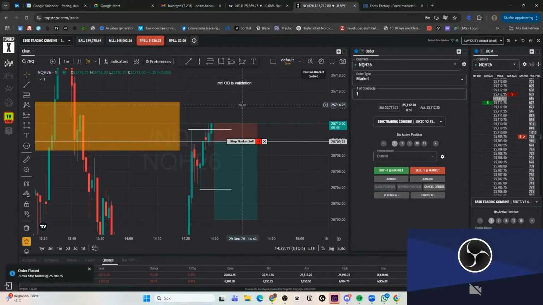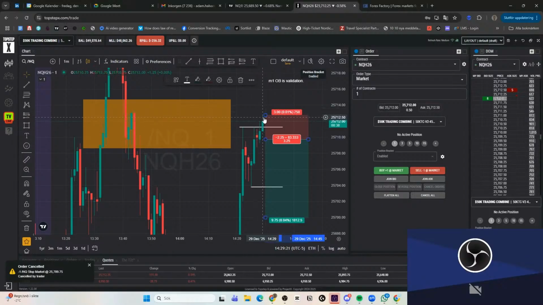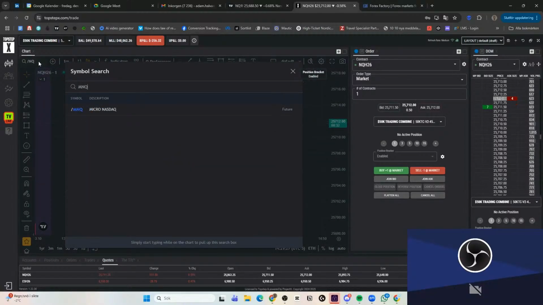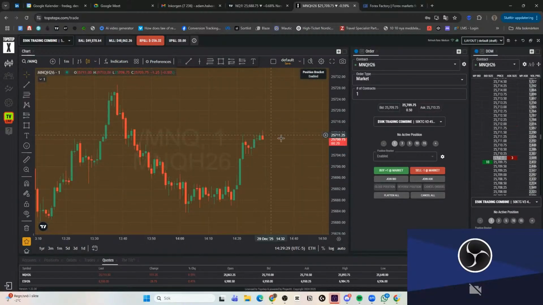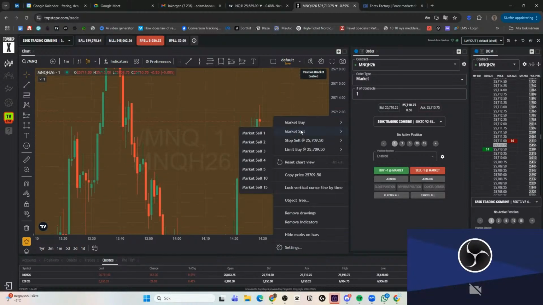I'll take that as a close call though. No, let's follow my rules. Let's find a real M1 order block. I'll take this one on the MNQ just to get some action, see kind of backtest to see how well it works.